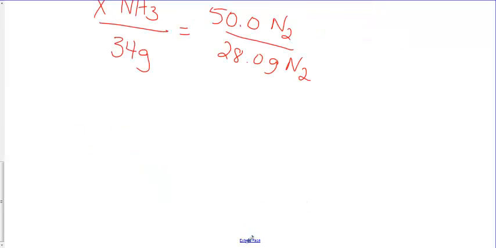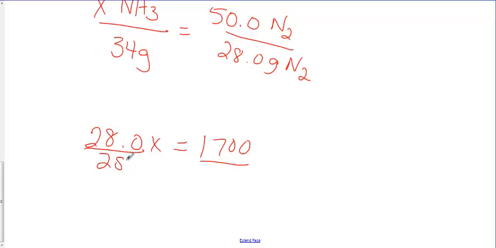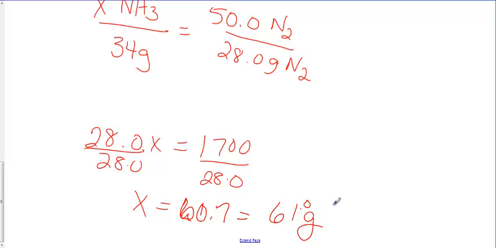So there's my ratios, and then we're going to cross multiply, so it'll be 28x equals 50 times 34, which is 1,700. Large number, but we're going to divide by 28, and we will get about 60.7 or 61 grams. We'll make it sig figs. So 61.0 grams of NH3 are produced when we use 50 grams of N2 gas.